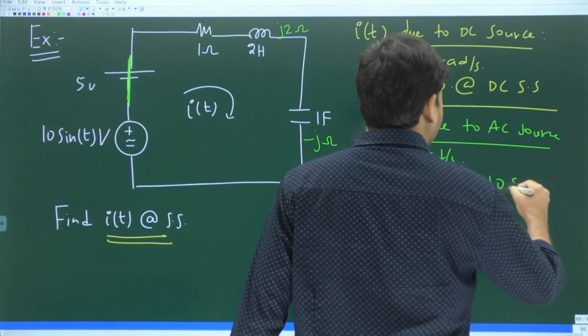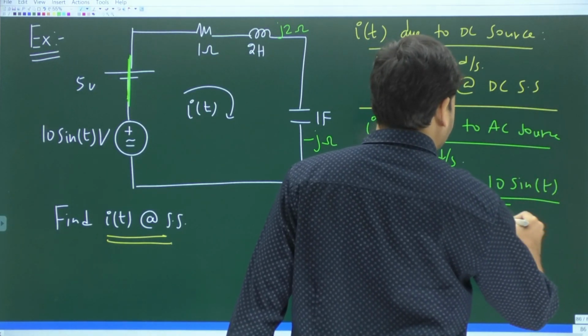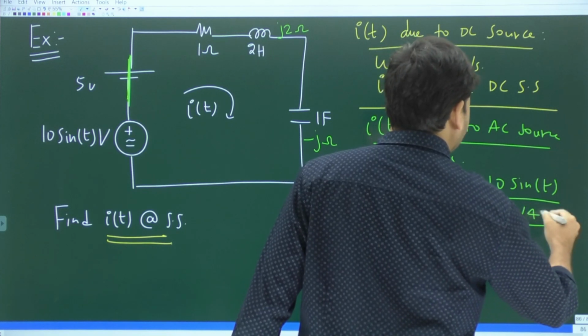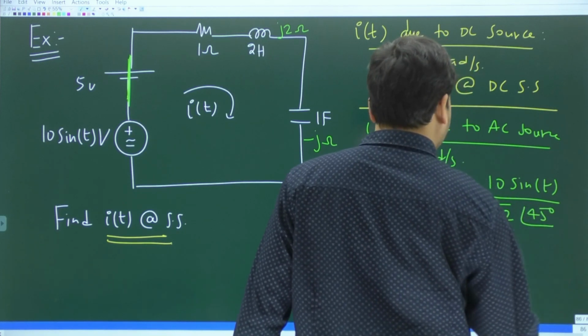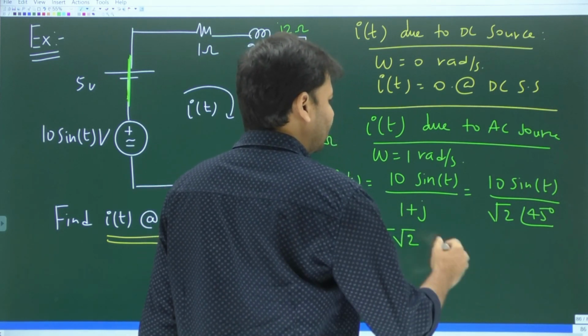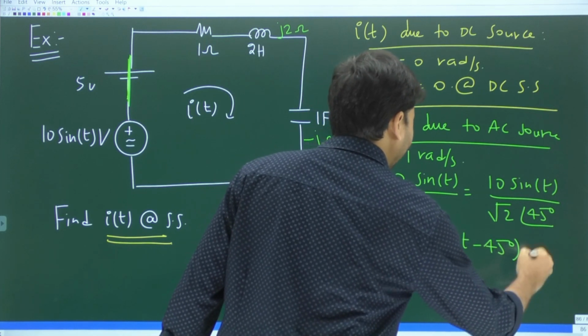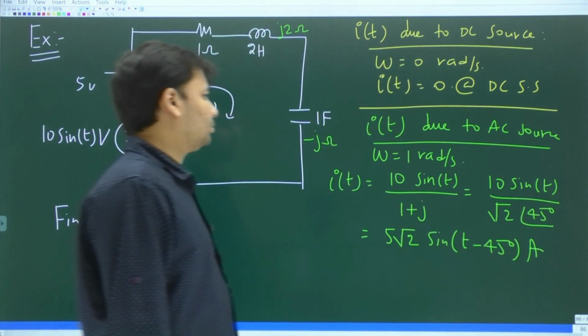So this can be written as 10 sin t divided by root 2 angle 45 degrees. 10 by root 2 is 5 root 2, and then sine of t minus 45 degrees amperes. That's all.